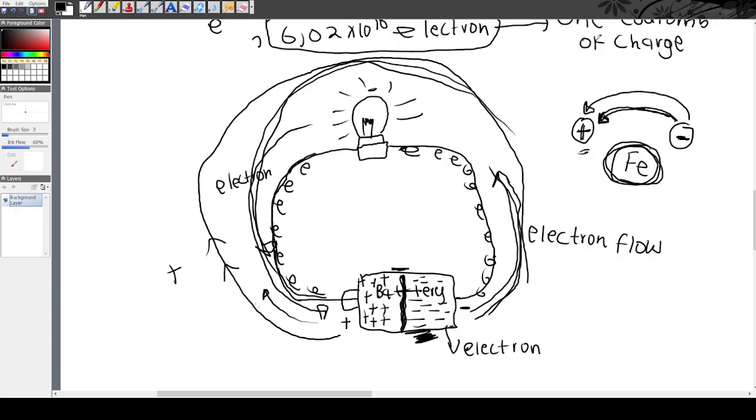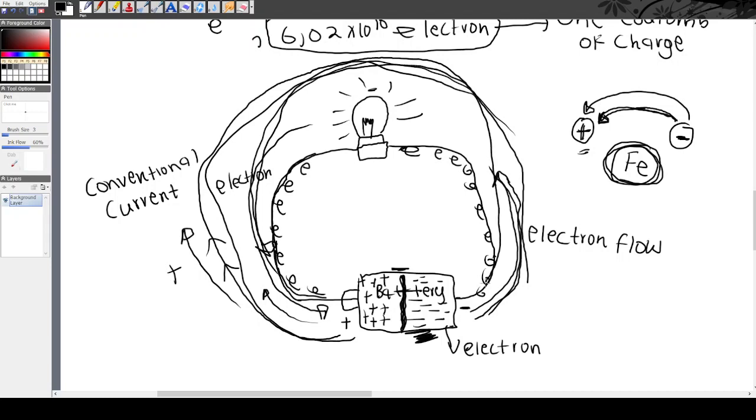Now this movement of positive charges towards the negative terminal, we call conventional current. In other words, what is conventional current? It is the flow of, sorry, the positive charges. Where do these positive charges go? They go to the negative terminal of the battery. This flow from the positive terminal to the negative terminal we call conventional current.